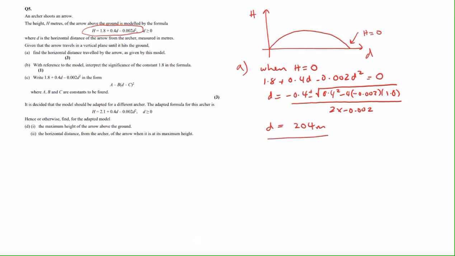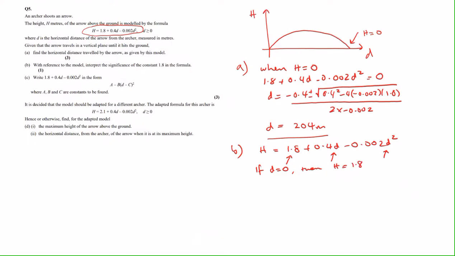Part B says, with reference to the model, interpret the significance of the constant 1.8. So if you look at that original equation, we consider, well, what is the importance of this 1.8? Well, if you set d to be 0, then we get h coming out to be 1.8.